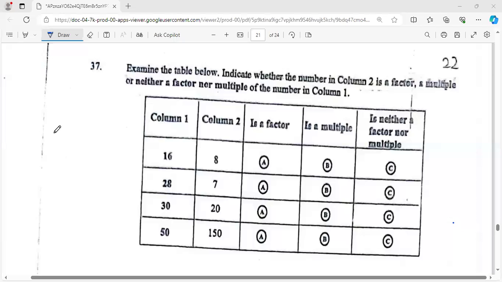Examine the table below. Indicate whether the number in column 2 is a factor or multiple or neither a factor nor a multiple of the number in column 1. So number 1, in column 1 you have 16 and in column 2 you have 8. My answer is it is a factor.